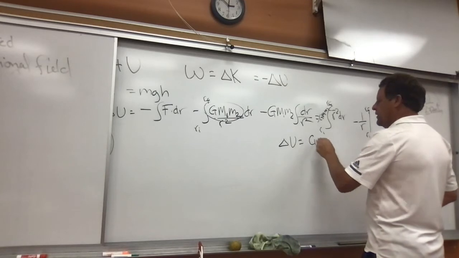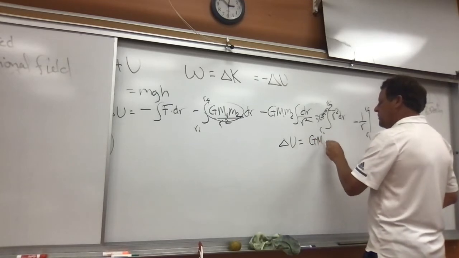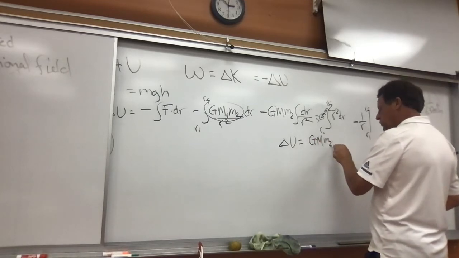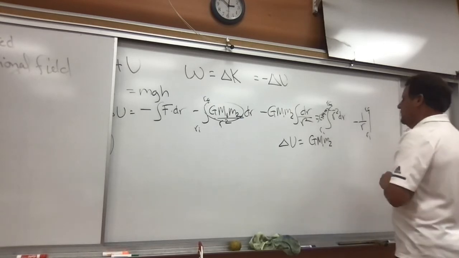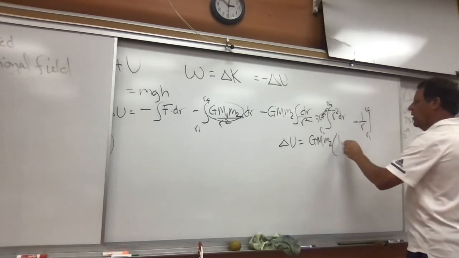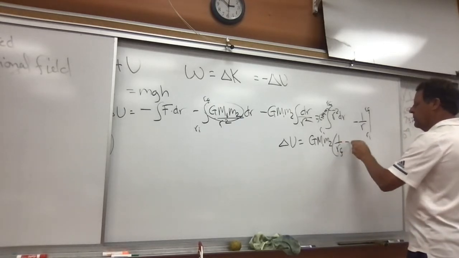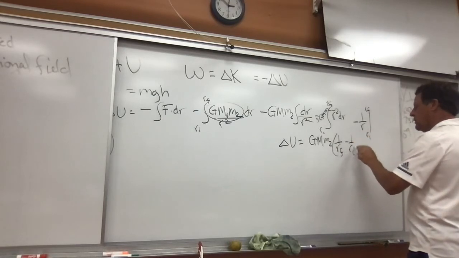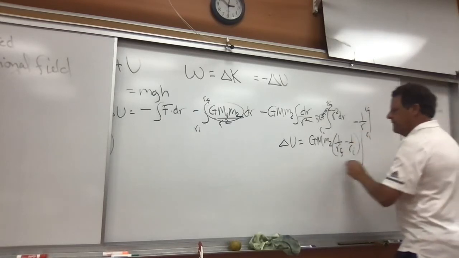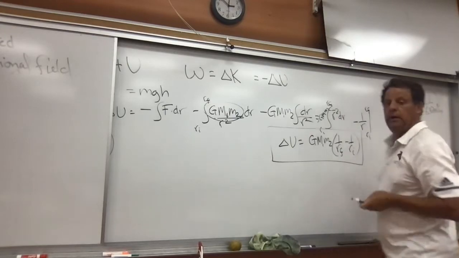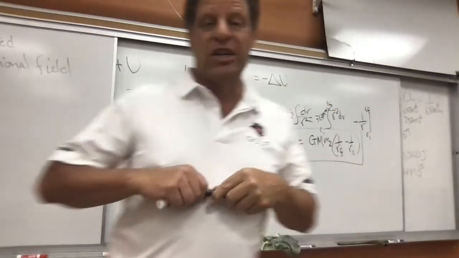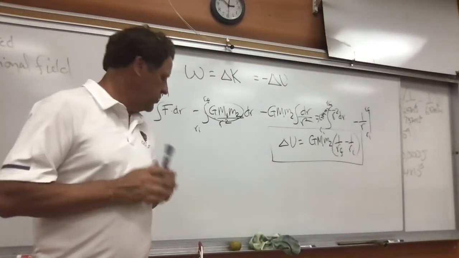So we're going to have G m1 m2 times 1 over r final minus 1 over r initial. This right here is going to be our equation for the change in potential energy.